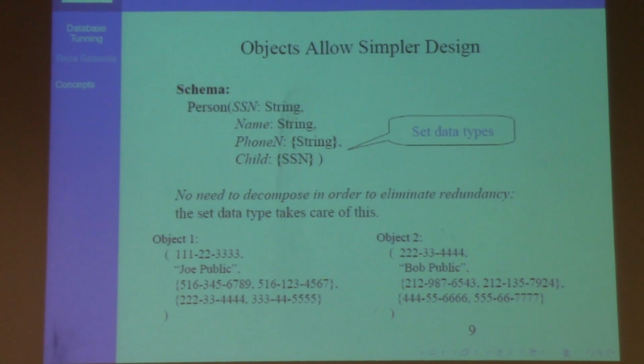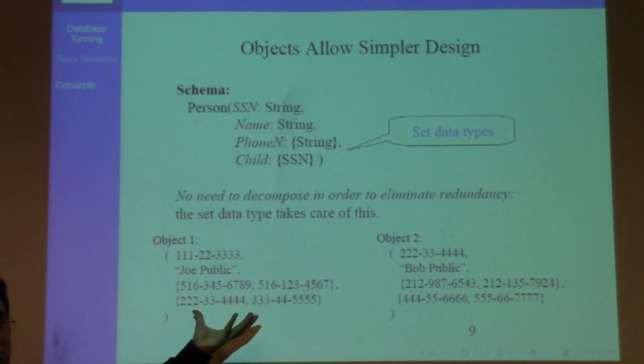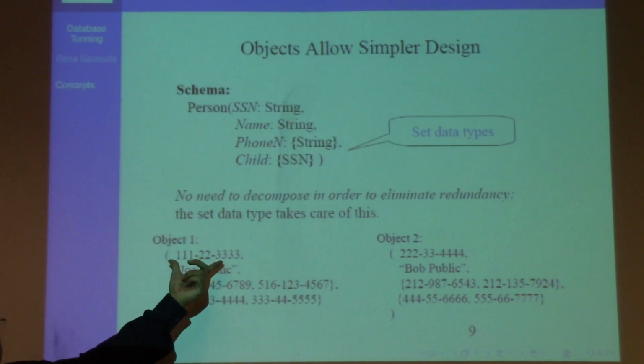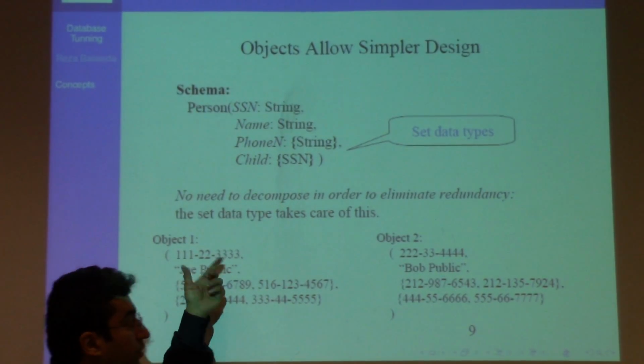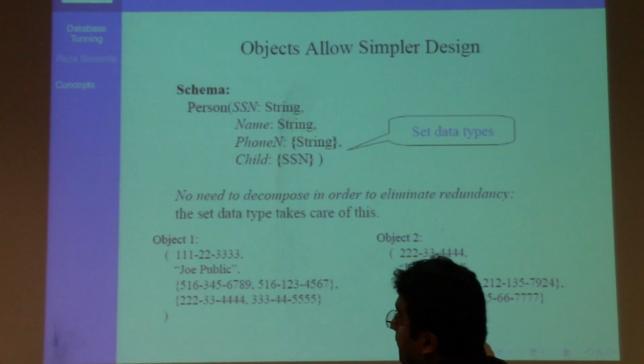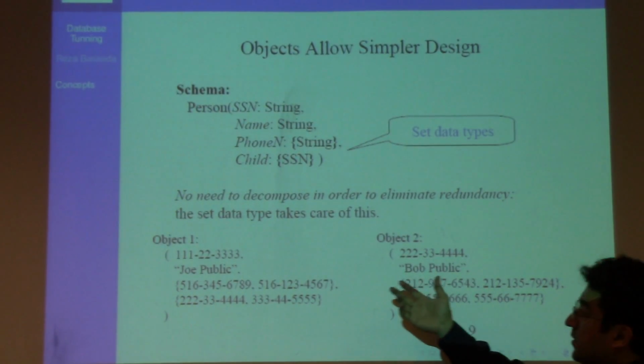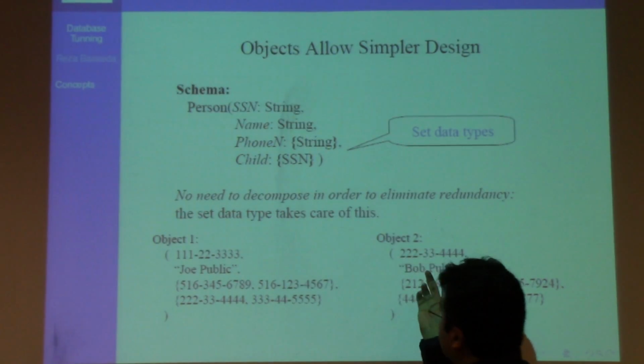So if you want to make it object-oriented, what we are doing is assuming one object for each person. Each person is identified by their social security number. So how many people do we have in this database? 2. One is Joe Public, the other one is Bob.